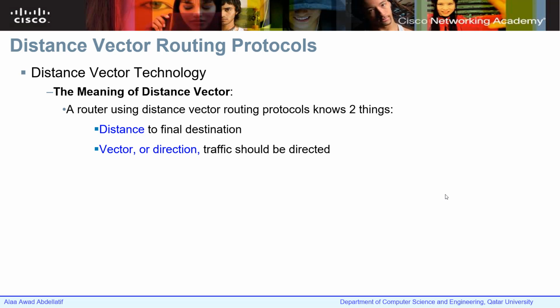So for each router, we have to define the distance to all final destinations and the directions the traffic should be directed to reach each final destination. Okay.